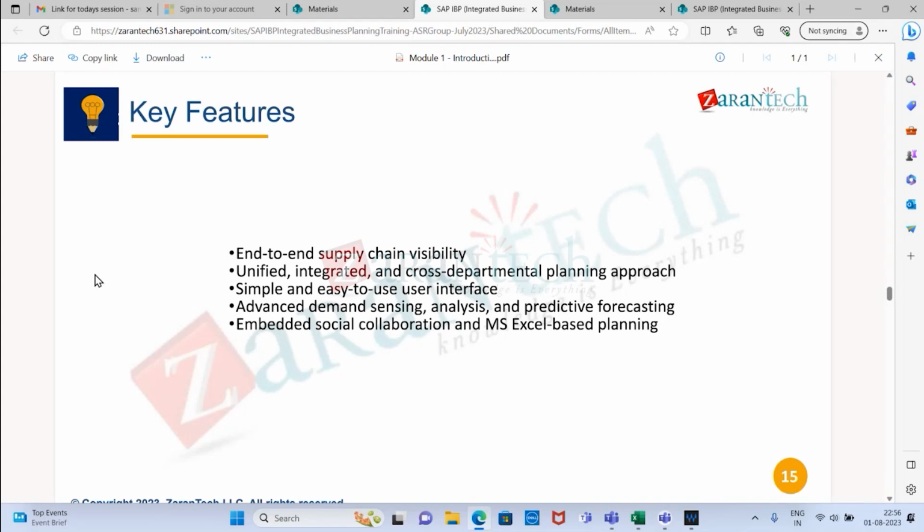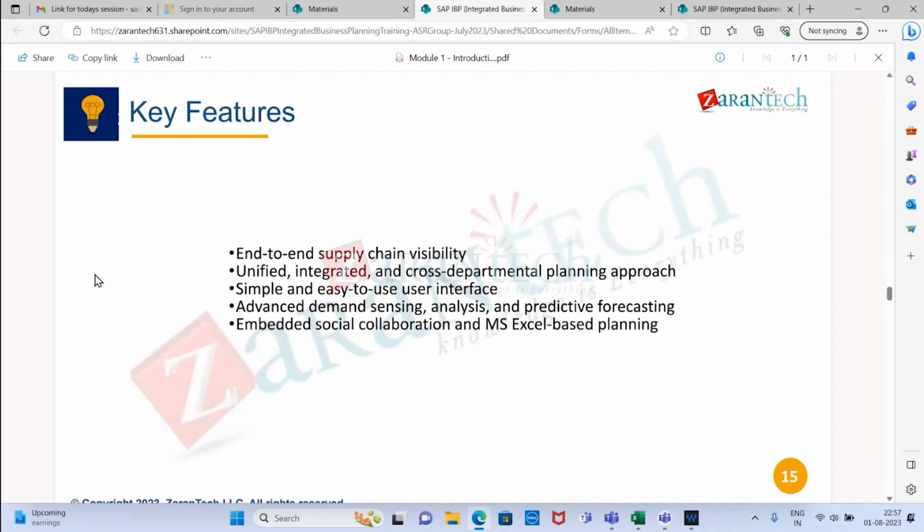When you receive the order from the customer, you give them the delivery commitment, and if you fulfill the delivery commitment on time and in full quantity, then you mark your OTIF as met, 100% achieved. If you do not either ship it on time, or even if you ship the partial quantity, then it is considered as missed. So IBP provides you the end-to-end supply chain visibility.